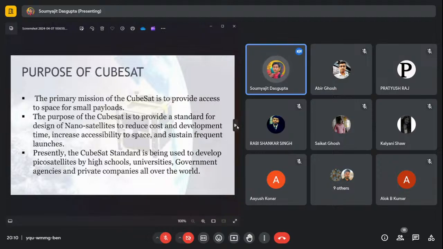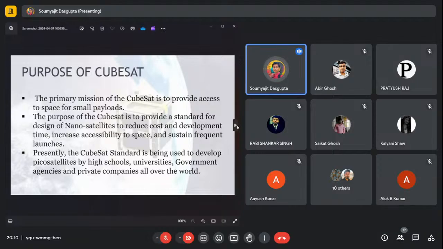The purpose of CubeSat is to provide a standard design of nanosatellite to reduce cost and development time and increase accessibility to space, right? Some of you might think that if I want to build a satellite, it will cost around $100,000.